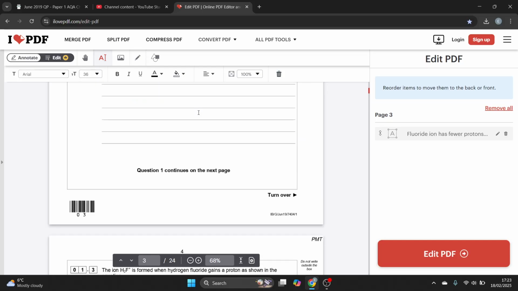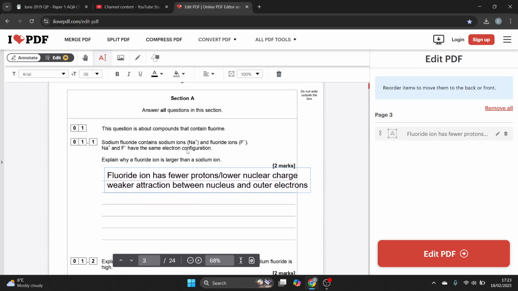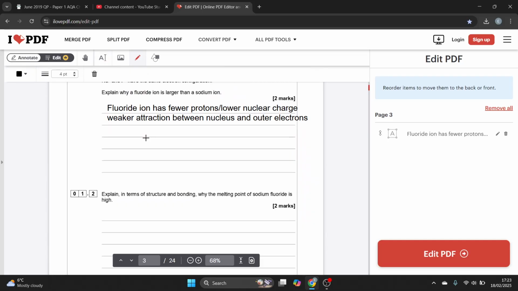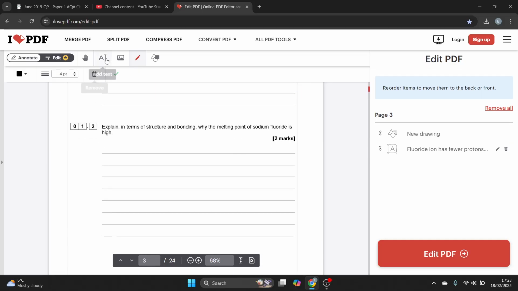What happens? Well, it's going to have a larger atomic radius. So yes, the fluoride would be larger. Fluoride has fewer protons, lower nuclear charge, weaker attraction between nucleus and outer electrons.